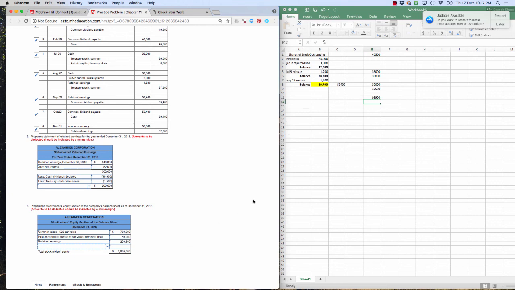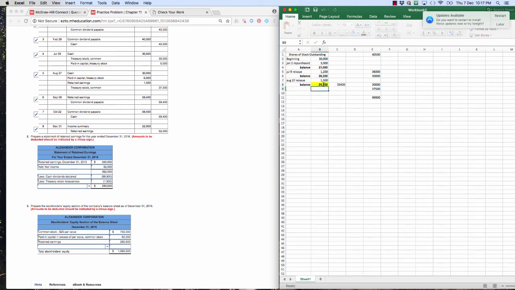But then this year, they repurchased some treasury stock. And to figure out how much of that, the number that needs to go in here, what we can look at is the number of shares that are still in treasury stock, right?